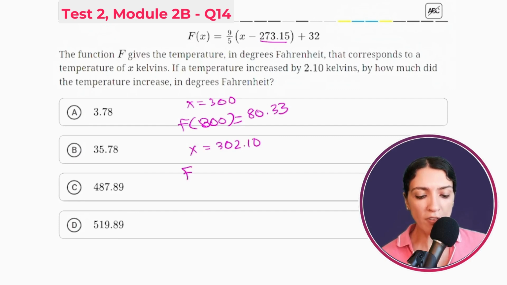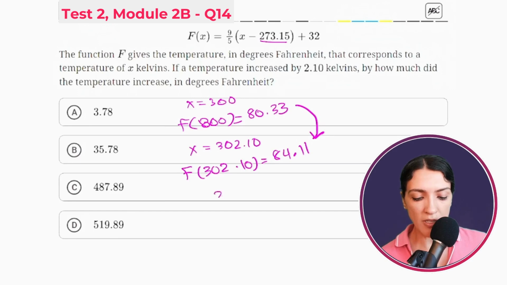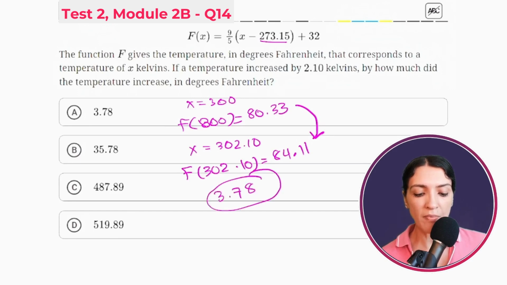And we're going to find the corresponding Fahrenheit of 302.1, which would be 84.11. The question is asking about the increase from 80.33 to 84.11. So if we subtract these two values, we'll get 3.78, choice A. Why don't you try this question with another value and see whether you get the same answer?